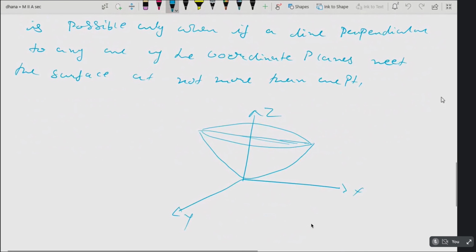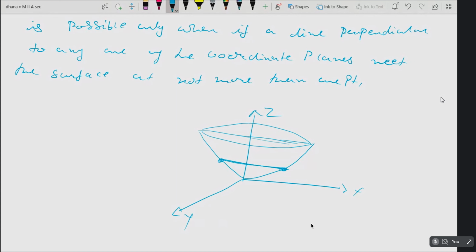So if you take the YZ plane and take a perpendicular here, what is happening if you consider this line? It is meeting at 2 points. Is it or not? Yes, ma'am. Okay, so you cannot choose the YZ plane.